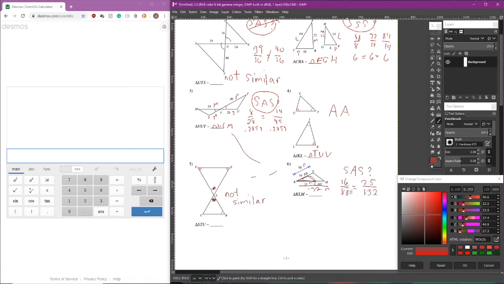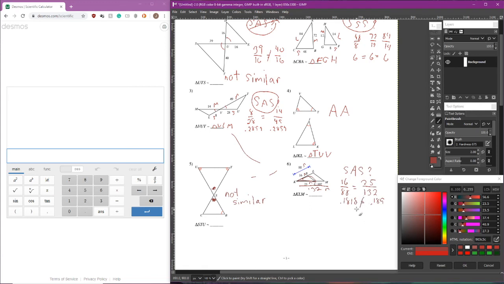If we do this division, 16 divided by 88 is 0.1818, and it just repeats forever. If we divide 29 by 132, we have almost the same. We have 1, 8, and then not a 1, we have a 9. And do you see how even though they're very close, they're really not the same.